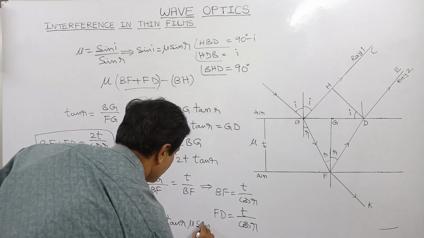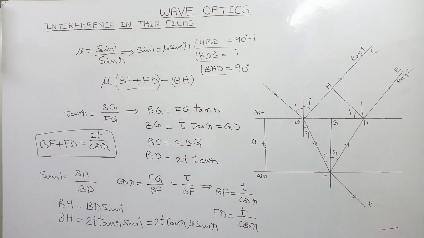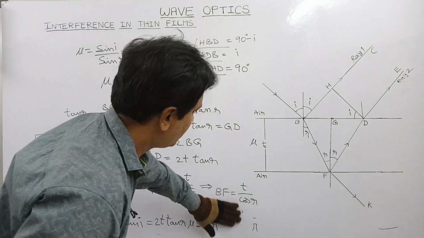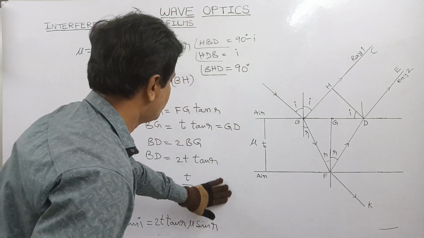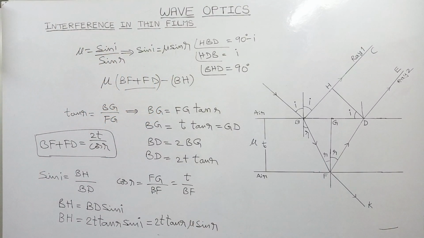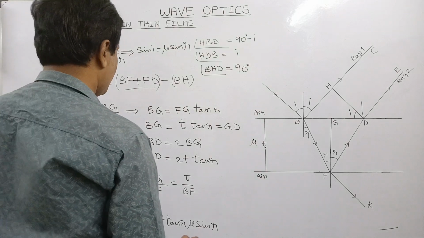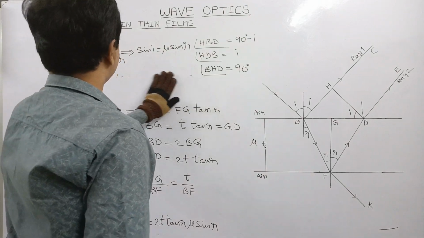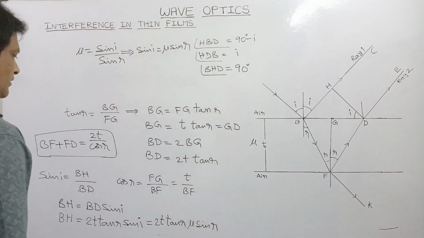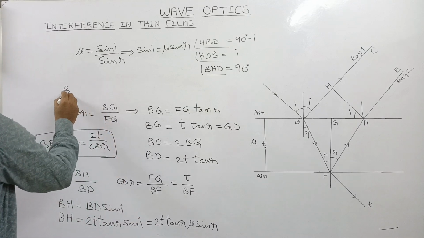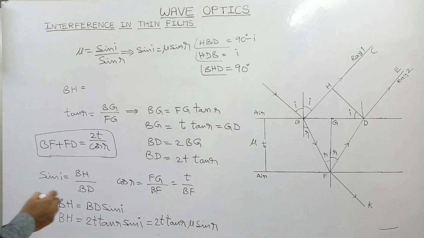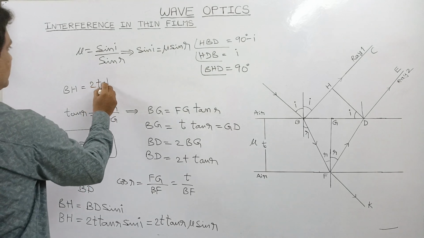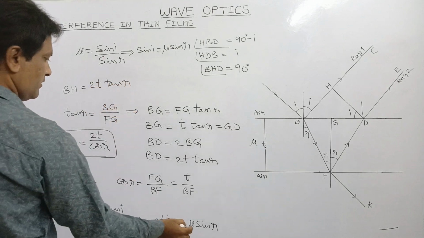I am erasing these terms because the space is not enough. I am writing here again. From this step, BH is equal to 2t tan r.